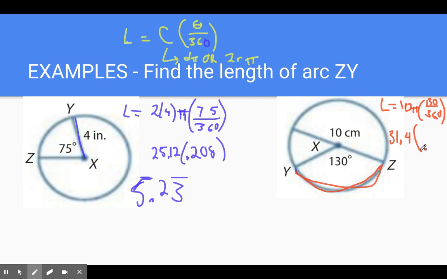And then 130 divided by 360 gives you 0.36. And then 0.36 times 31.4 leaves you with 11.338, which would technically just round to 11.3. Okay, so that's how we find the length of arc ZY.